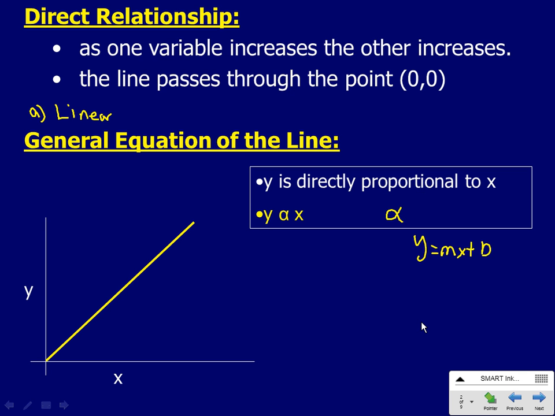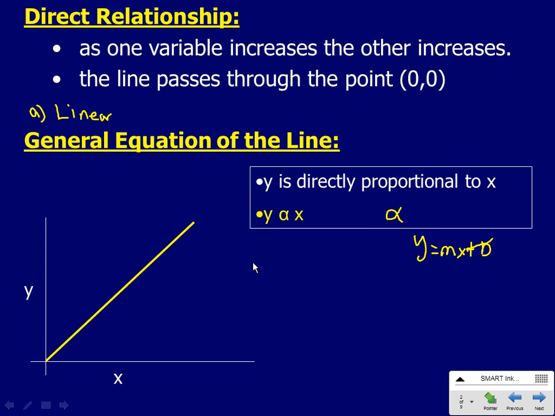Anyway, in our graphs that we're going to encounter, they will always run through 0, and therefore, what can I say about this equation? If they all run through 0, yeah, I can get rid of the b, and I can just say y equals mx. All right? Math likes to use m that represents, what does the m represent? The slope.